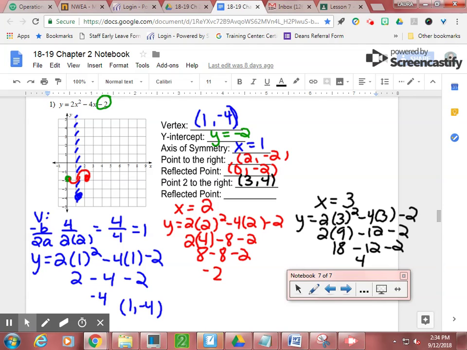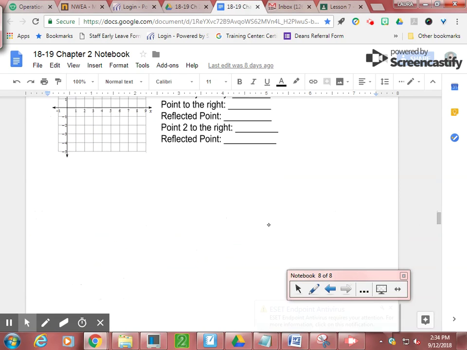So over 3 and up 4. Okay, if I want to reflect that, I'm saying, how far away am I? Well, I'm 2 away, so I need to go 2 away on this side, and that's going to give me negative 1, 4. The last step to this is you connect your dots. You have to connect these, you have to put arrows on the end. This makes a parabola. Okay, and that's how you graph in standard form. So let's look at a couple more of these.